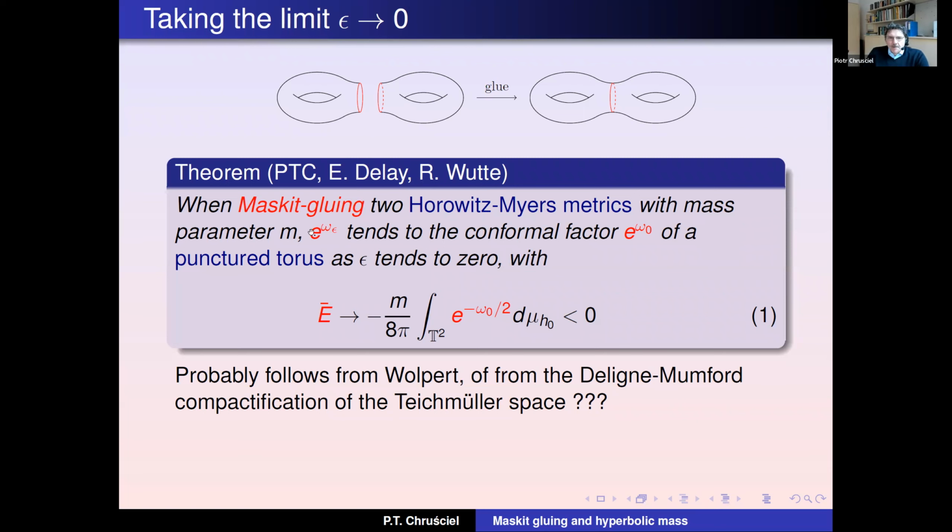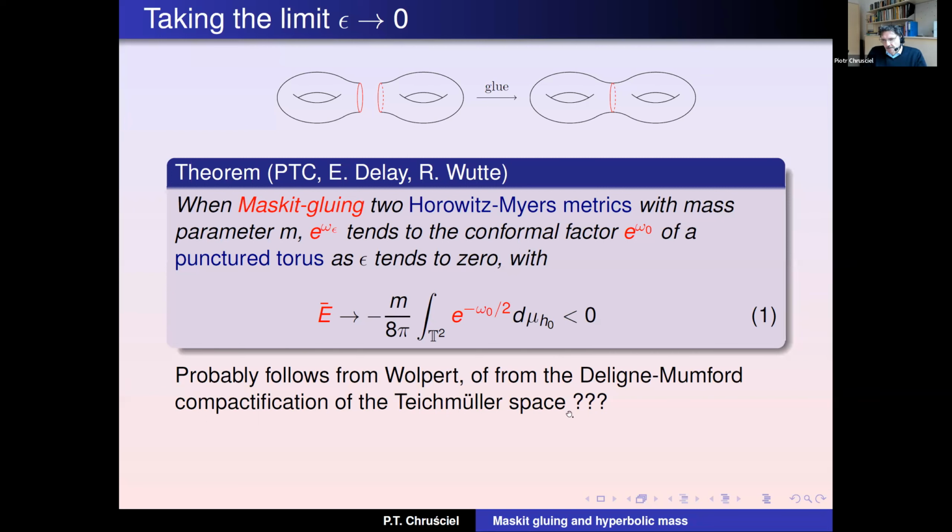Now, we sweated quite a bit on this theorem. It took us a lot of time to prove this, and it probably follows from some results in the theory of hyperbolic manifolds, either by Volpert or something called the Deligne-Mumford compactification of the Teichmüller space, because this is what it is about, right? The Teichmüller space is a way of parameterizing the metrics on a bretzel, for example, and I think that maybe if you understood well enough what these guys are doing, you could just quote them rather than doing all the work we're doing.